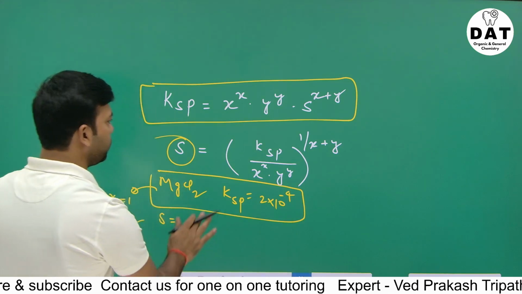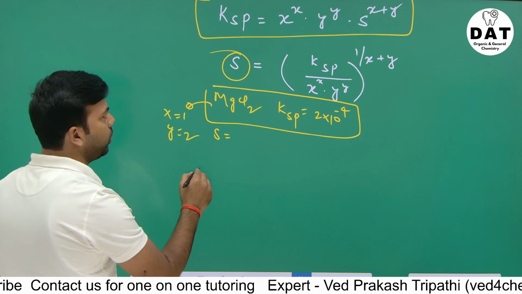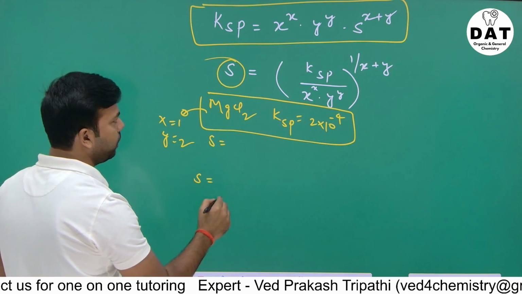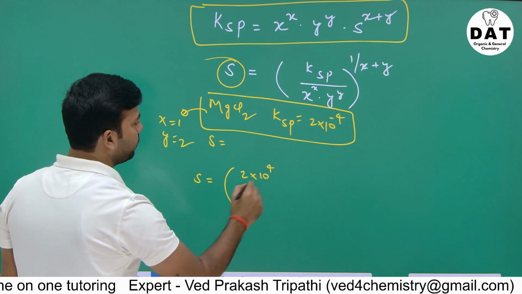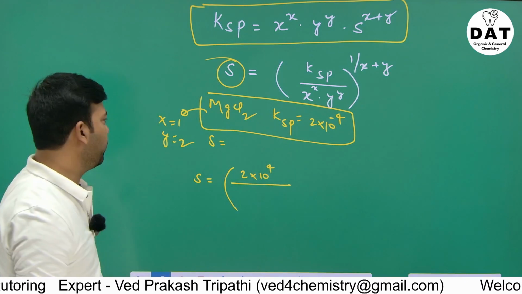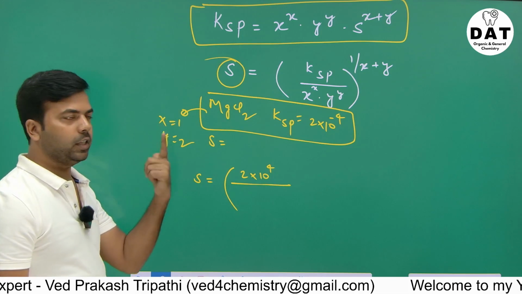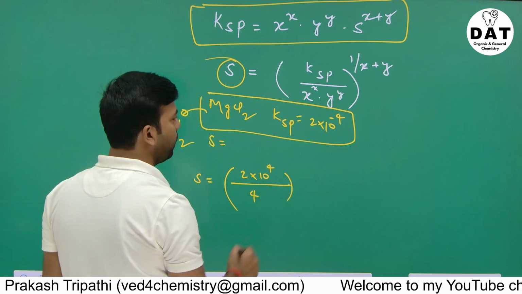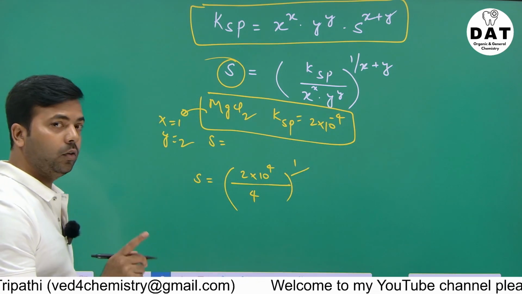So what should it be? Look here. Solubility will be KSP value 2 into 10 to the power 4 divided by x to the power x into y to the power y. So x is 1, y is 2. So 1 to the power 1 is just 1 and 2 to the power 2 is 4. So this is 4. And now 1 upon x plus y. X is 1. Y is 2.